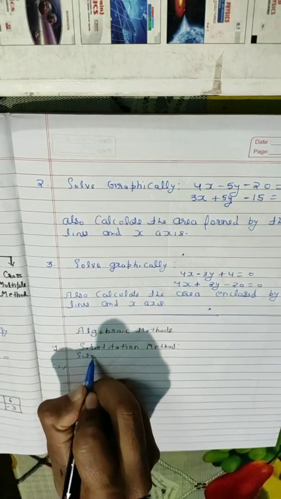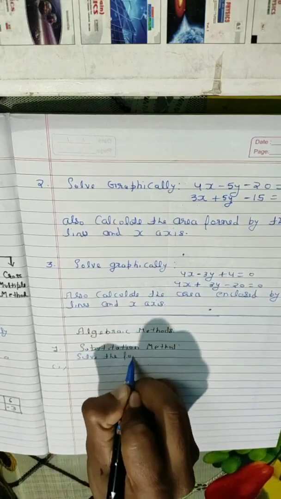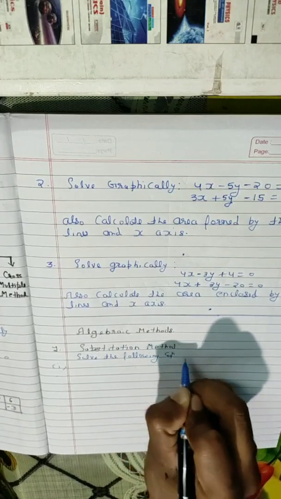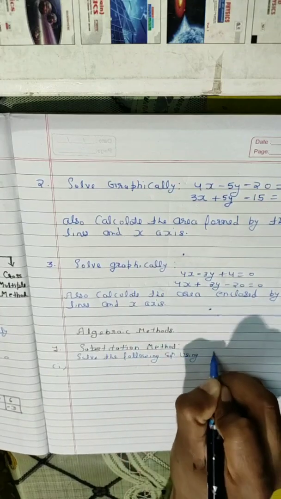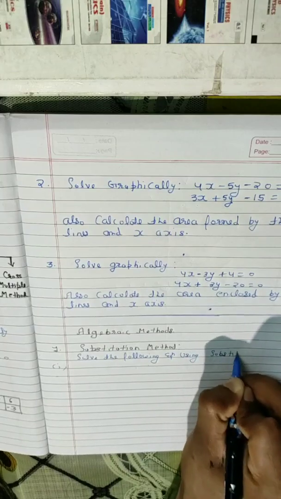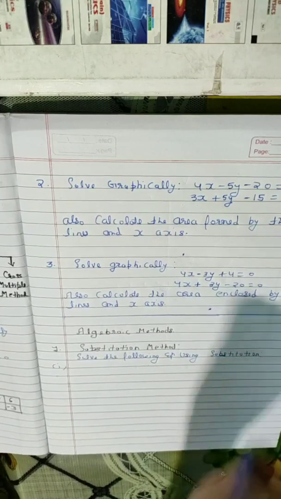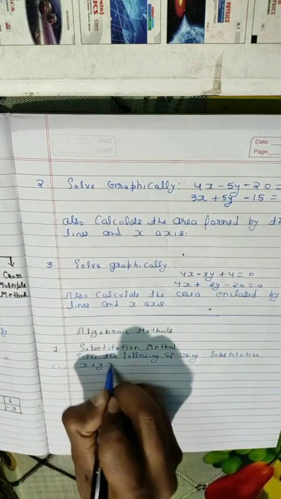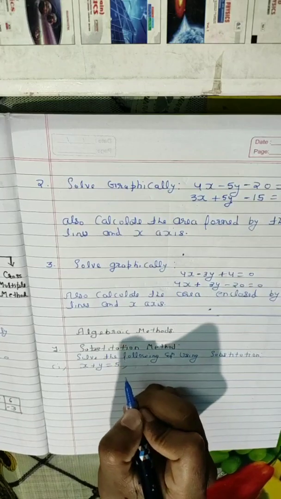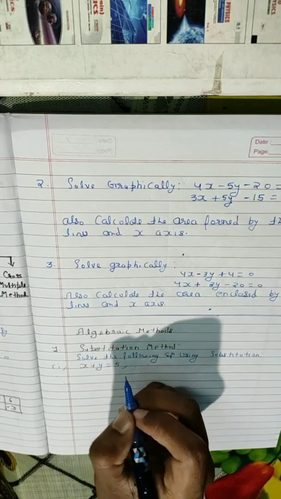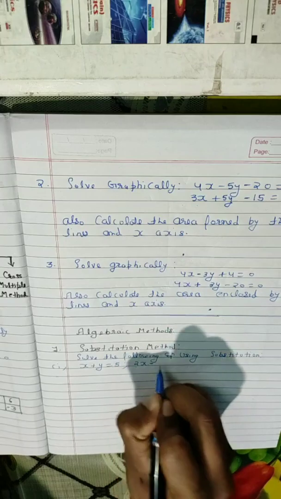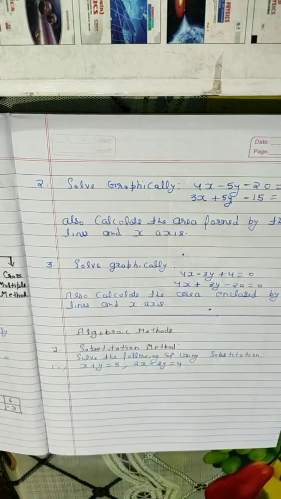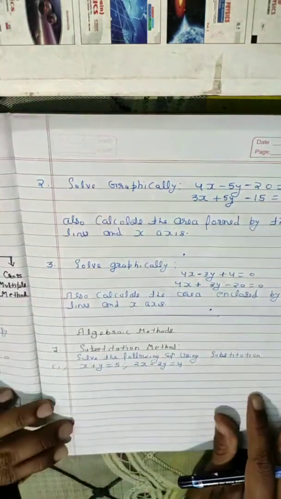Solve the following equations using the substitution method. The first question is x plus y is equal to 5 and 2x minus 3y is equal to 4. So we have to solve these two equations with the substitution method.